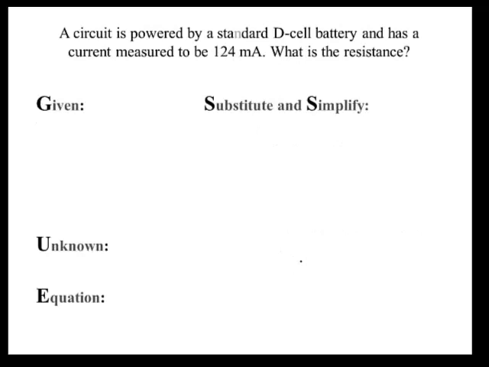Let's model a problem. A circuit is powered by a standard D-cell battery and has a current measured to be 124 milliamps. What is the resistance? Well, I'm given milliamps, and that is a measurement of current, which the symbol is I, and that's 124 milliamps.